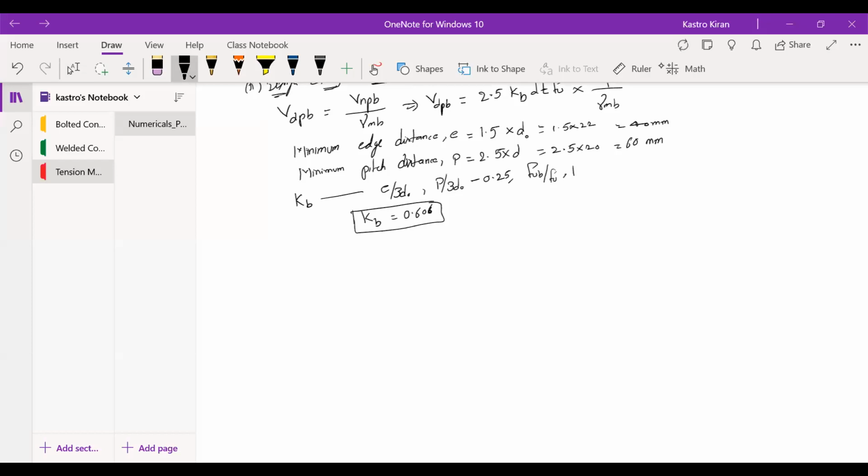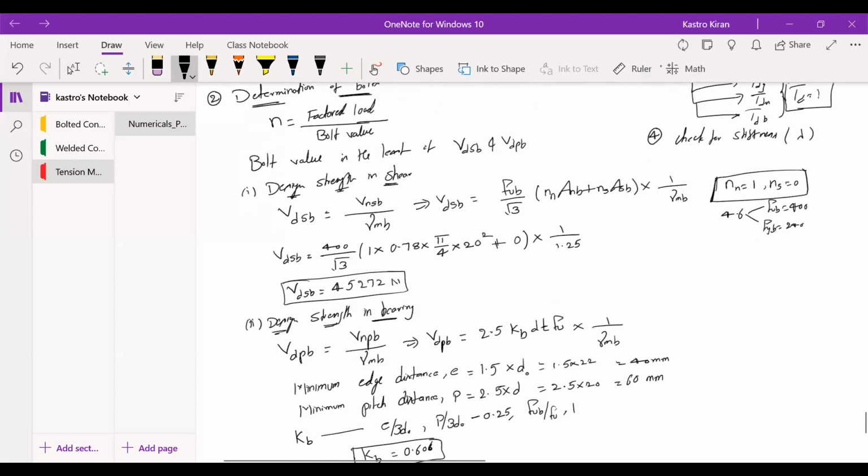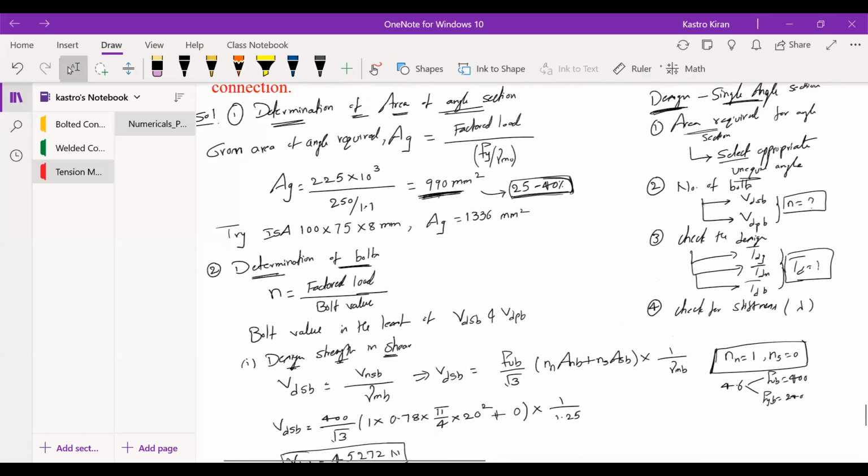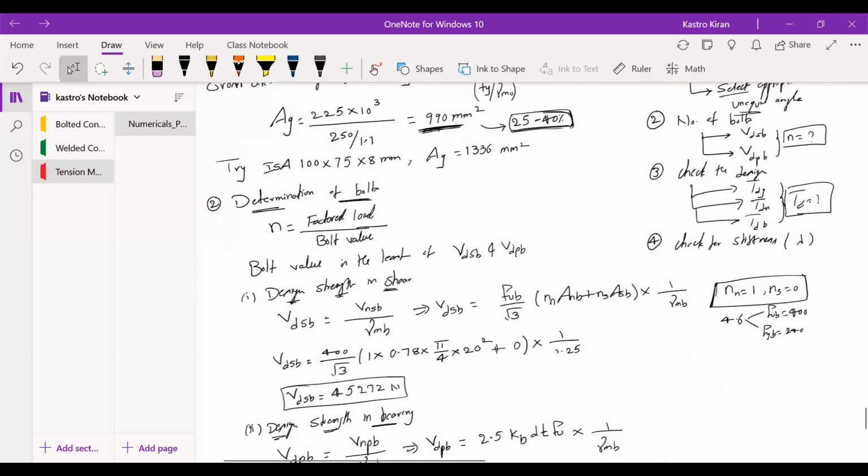Now, therefore, I substitute the value in VDPB, that equals 2.5 into KB is 0.606 into D is the diameter of bolt, which is 20, and the thickness, that is T. So what is the thickness that you are considering? Here you are considering the thickness of the angle section which we selected. We have considered the angle section as ISA 100 by 75 by 8.